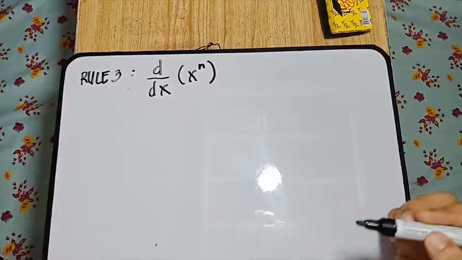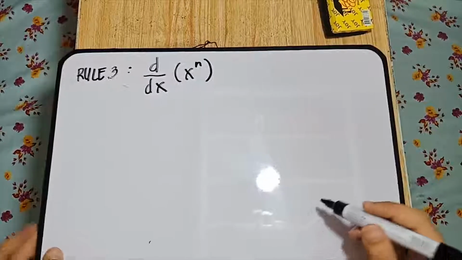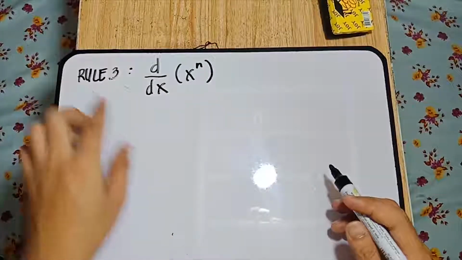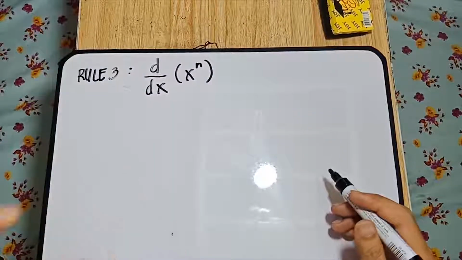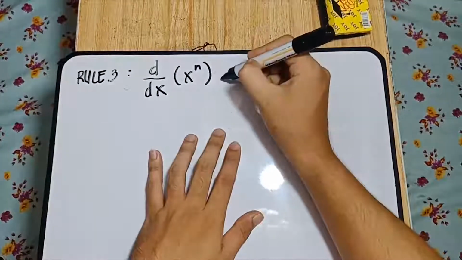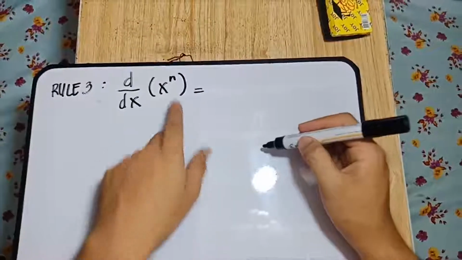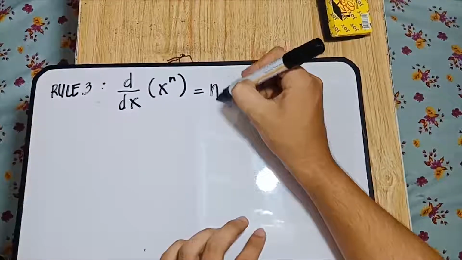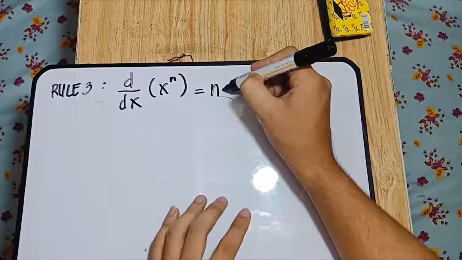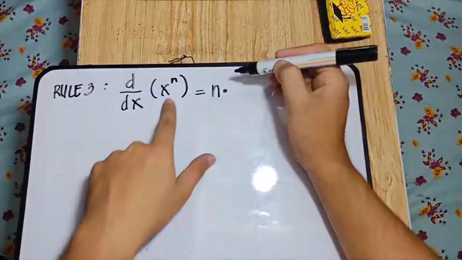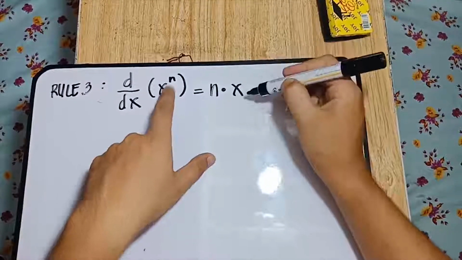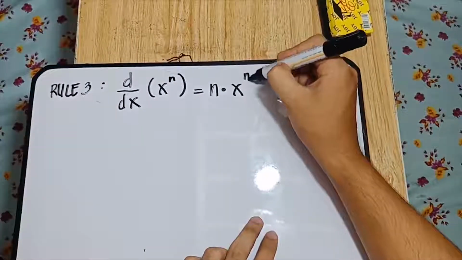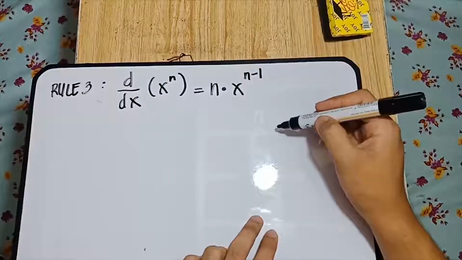Kahit yan ay 100 exponents, 1,000 exponents, fraction, negative, etc., still, we will use the power rule. So, ano ba yung power rule? Sabihin lamang daw niyan, itong n ay ibababa natin doon. So, that will be n multiplied by x. Tapos, yung n natin, mababawasan ng 1. So, that will be n minus 1.